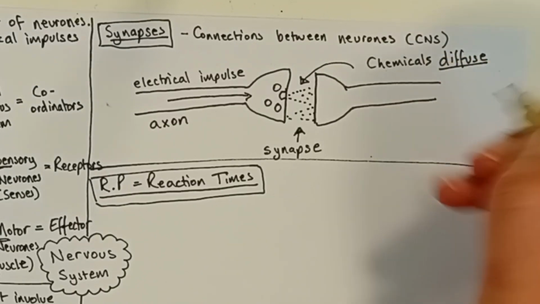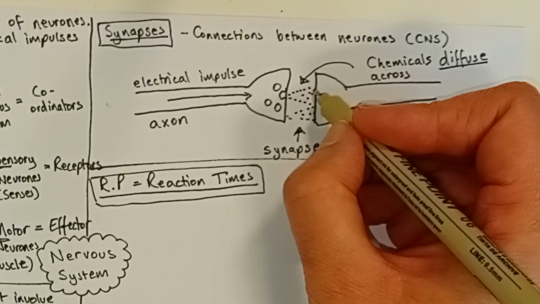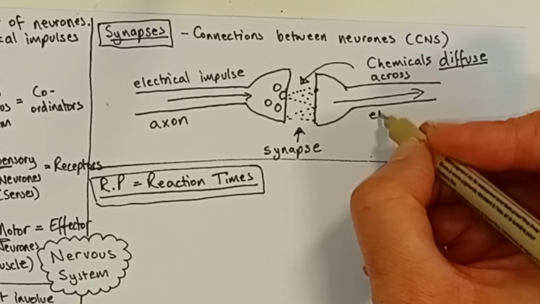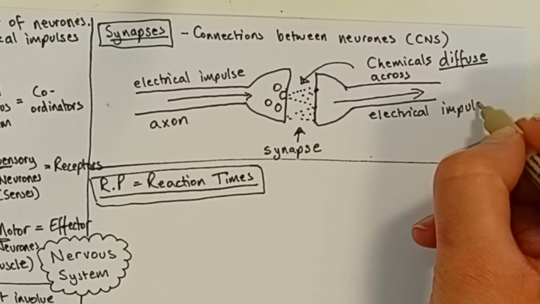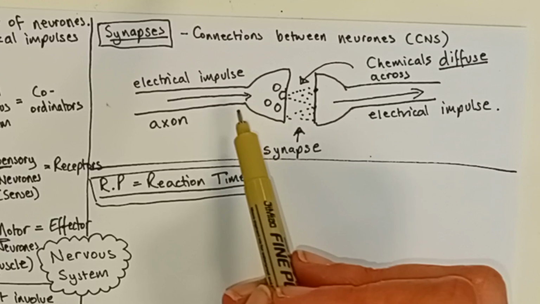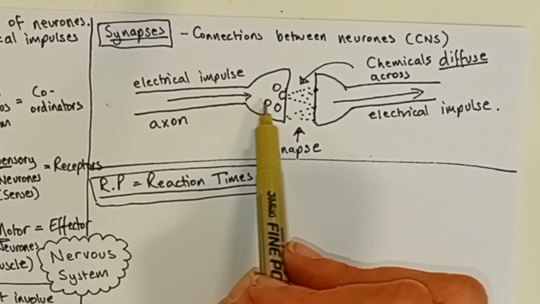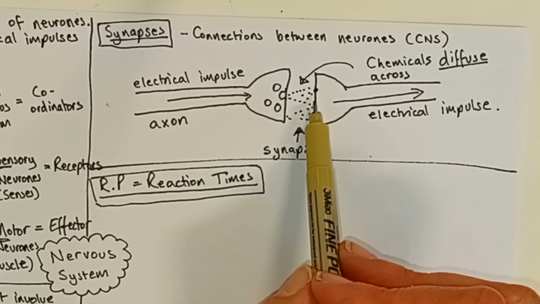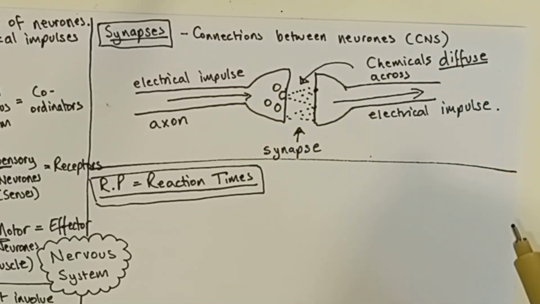So chemicals diffuse across. And when they reach the other side, they bind onto a receptor at the other side and they start another electrical impulse. So a synapse is a gap or a connection between two neurons whereby the impulse is travelling electrically down the first neuron, and it reaches the end, it's changed into a chemical signal that diffuses, binds to the second neuron, and then gets converted back into an electrical impulse so it can pass quickly.